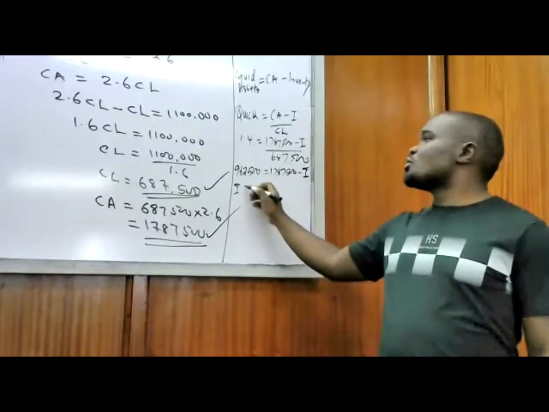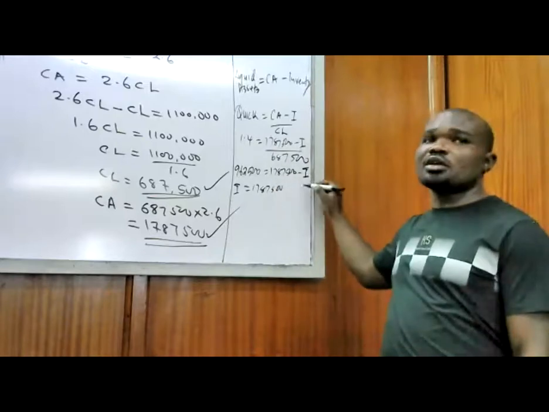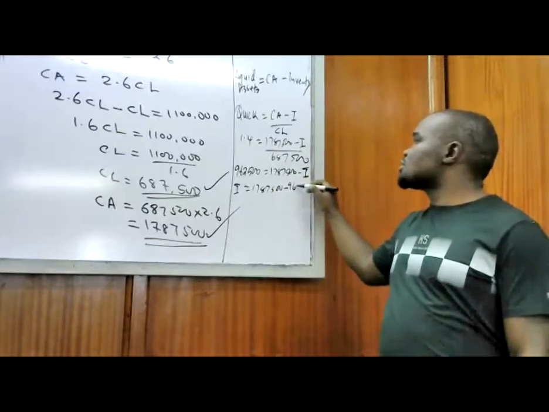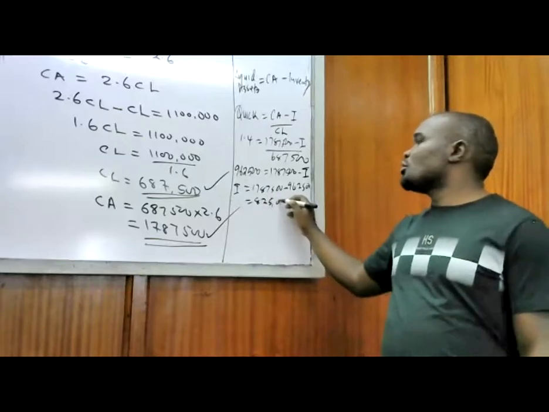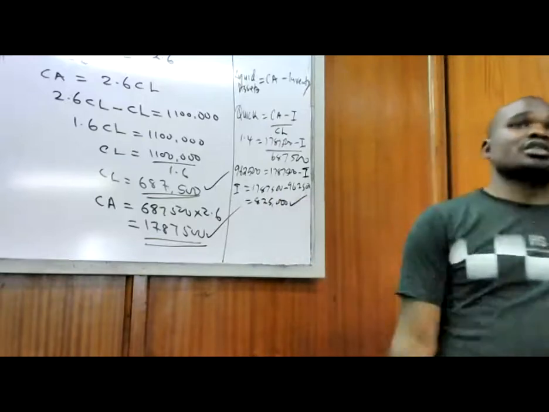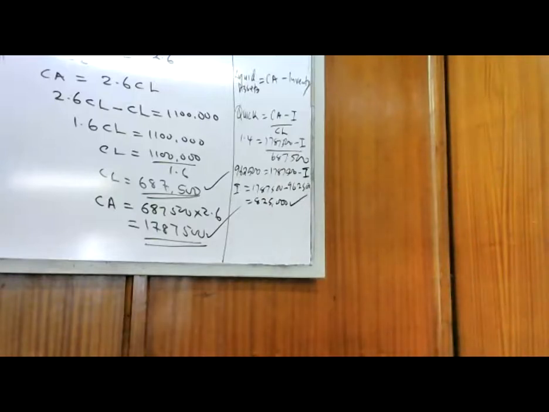So I is equals to 1,787,500, this one comes this side, minus 962,500. You get 825,000. So that's the value of inventory.